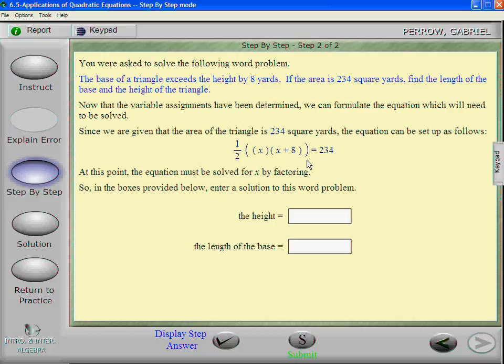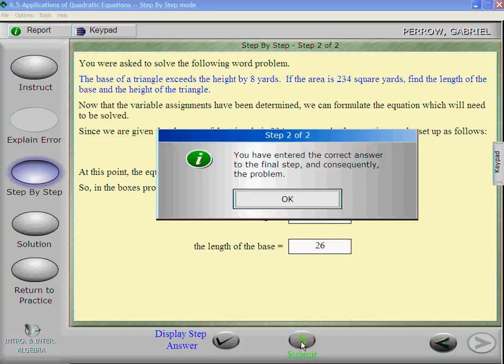Negative 26 isn't going to help me, so I'll have plus 18 for x, which is the height, and then 8 more than that would be the base, which would be the positive 26. So I've got to take my x answer, add 8 to it, because that's what I have right there for the base value. And click submit.